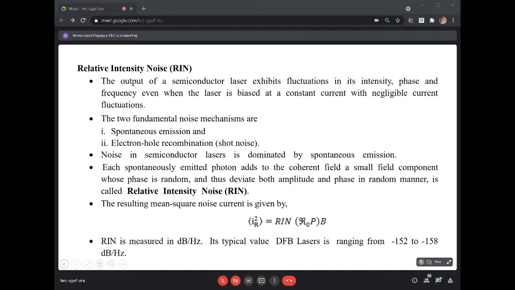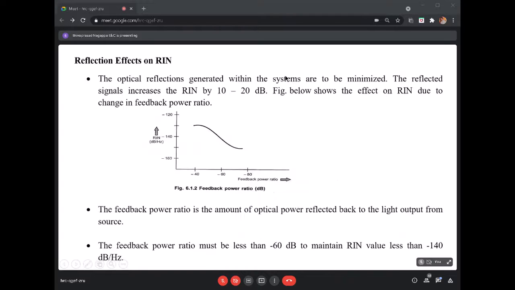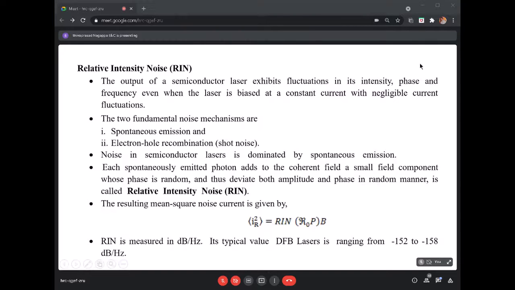Even when the laser is biased at a constant current, what comes out are signals with fluctuation in the intensity, phase and frequency, even though we bias at a constant current with negligible current variation.